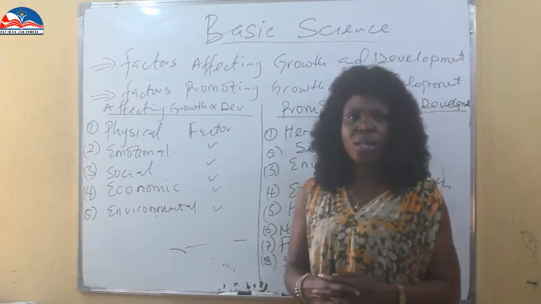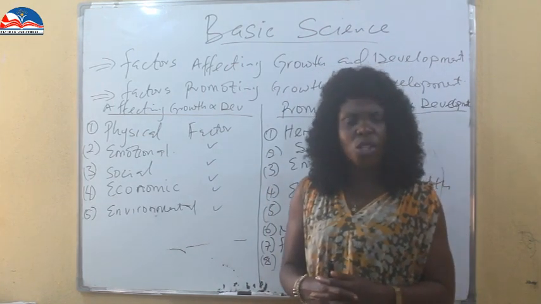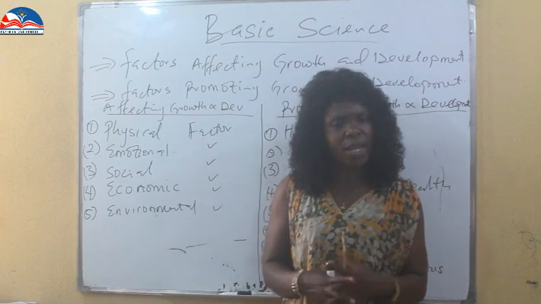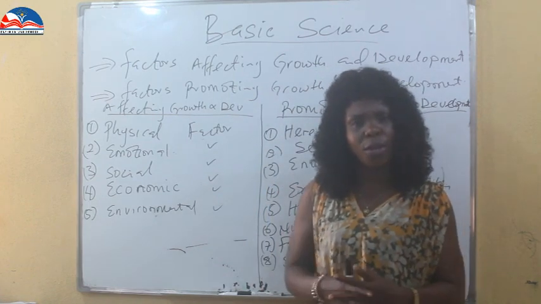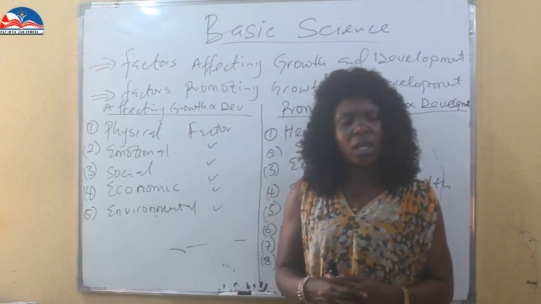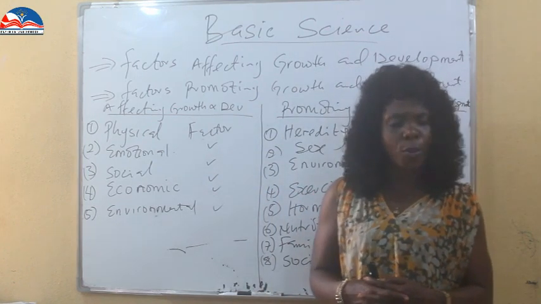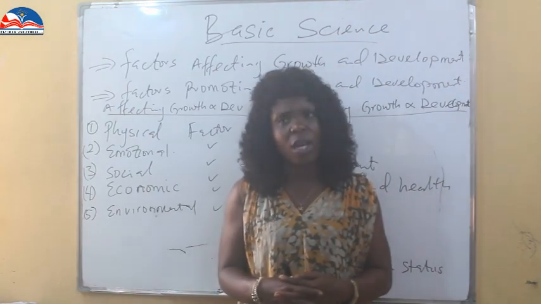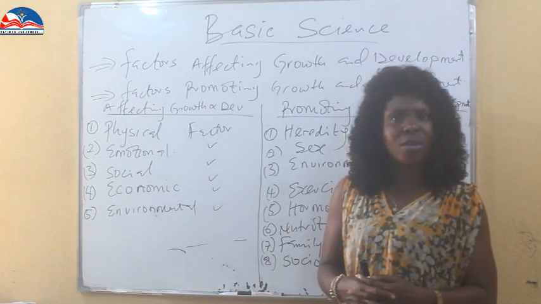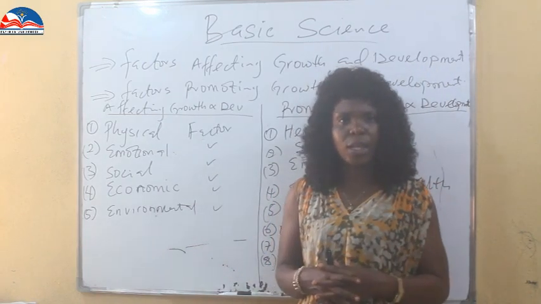Then, once the individual is sick or is traumatized in one way or the other, the death of a loved one, the death of a family member, the loss of a job, the lack of love and care that comes from a family or people that live around your environment, can have negative effects on your growth and development emotionally.